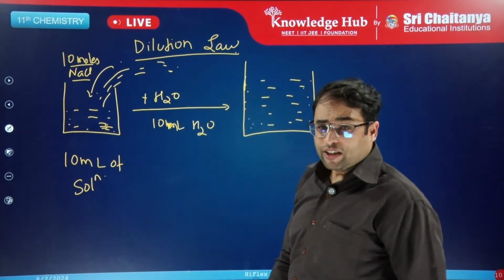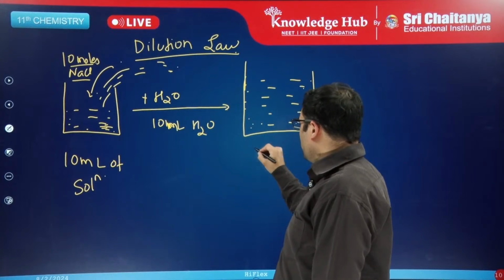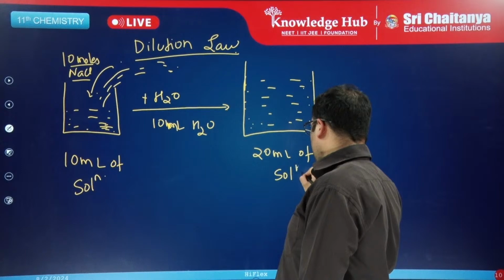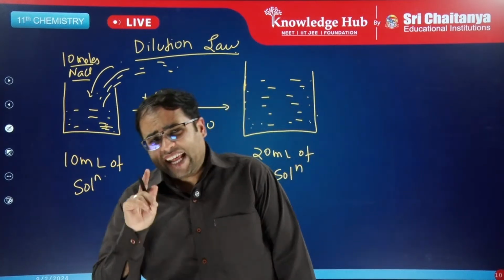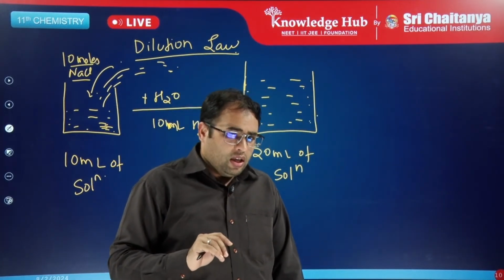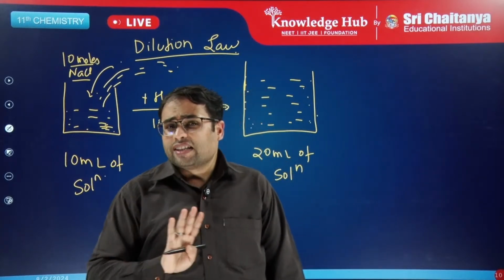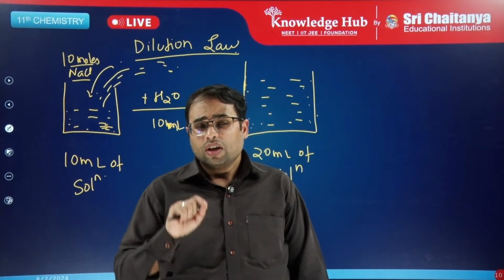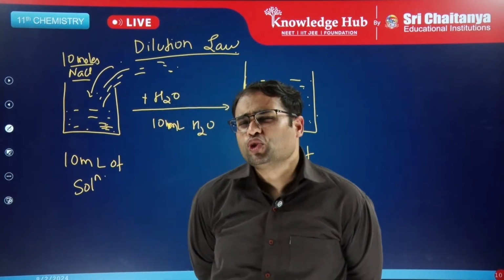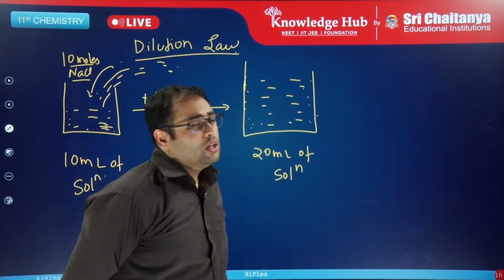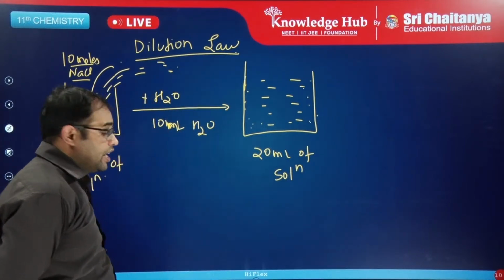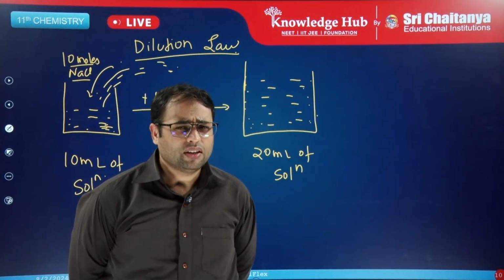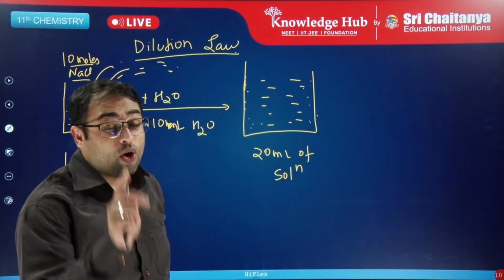If I pour in 10 ml of H2O, it becomes 20 ml of solution, right? But tell me one thing, the amount of water has increased, correct? But has the amount of solute changed? There was earlier 10 moles of NaCl. Right now also, what will be the moles of NaCl? 10 only, right? The moles of NaCl will not change.